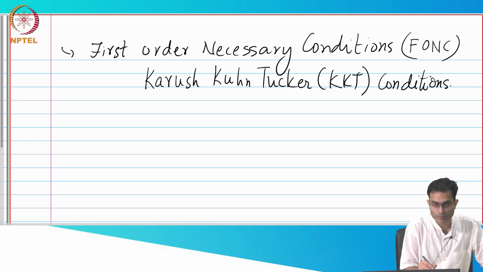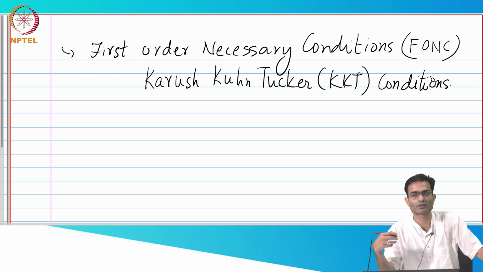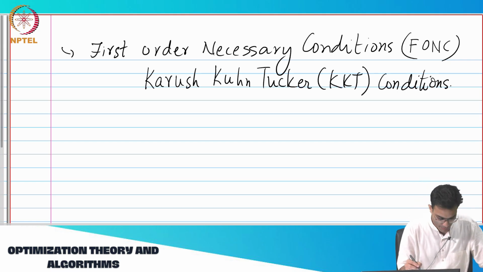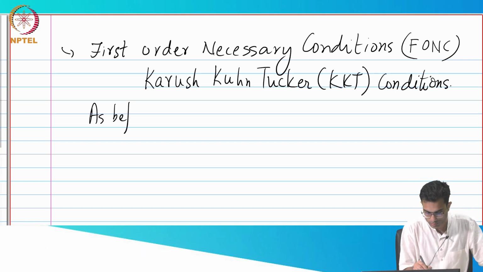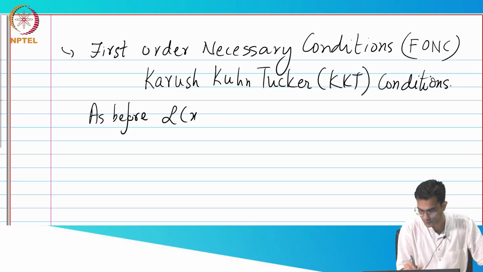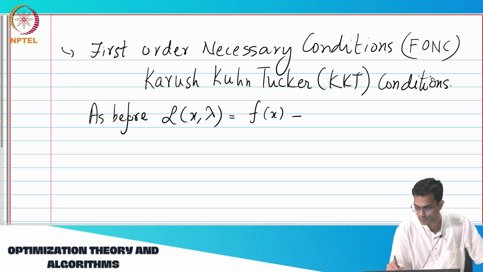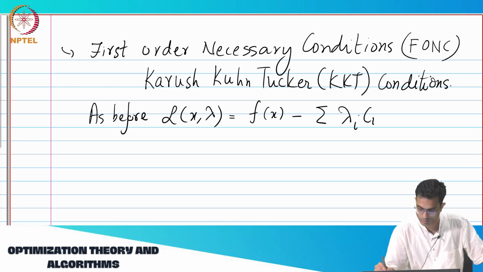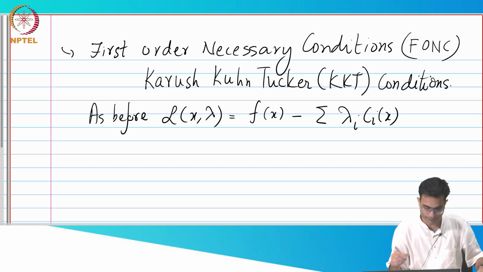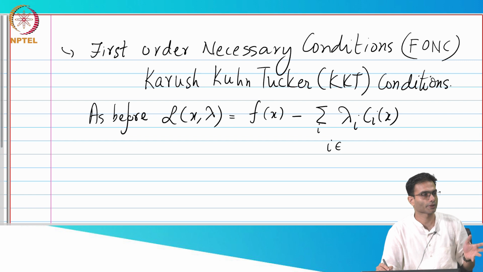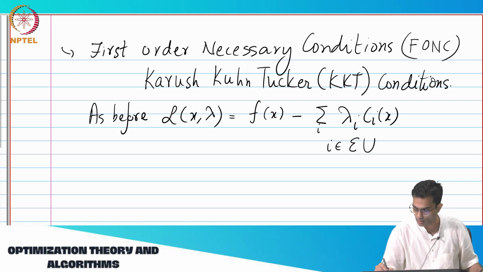So to start our discussion of constraint optimization, the tool that we have discovered is the Lagrangian, right? So the Lagrangian is going to be as before. Lagrangian is a function of x and lambda, simply written as f(x) minus the sum over i of lambda_i c_i(x), where i belongs to the set that includes both equalities and inequalities.